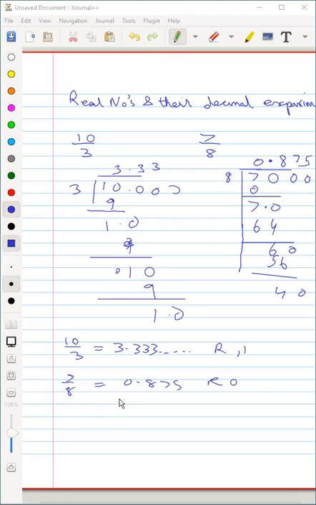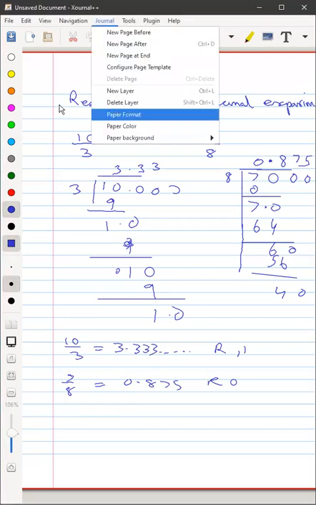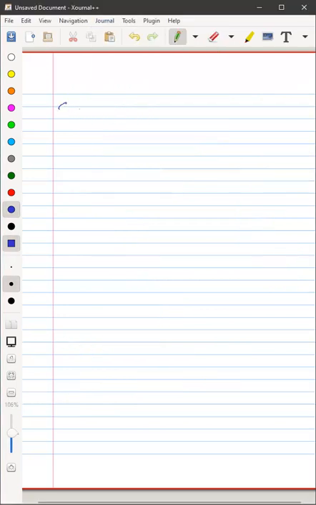Now what we will notice is that two main things happen whenever we do division. In the first case, the remainder becomes 0. For example, when we did 7 by 8, we got 0.875 and the remainder was 0.